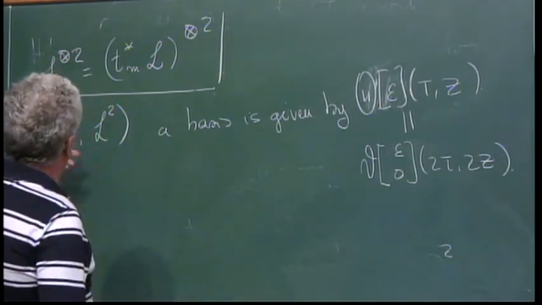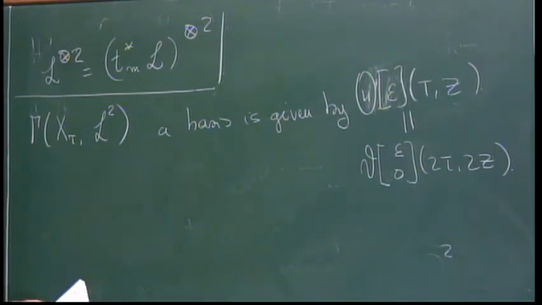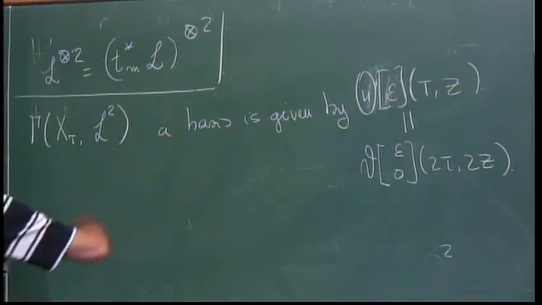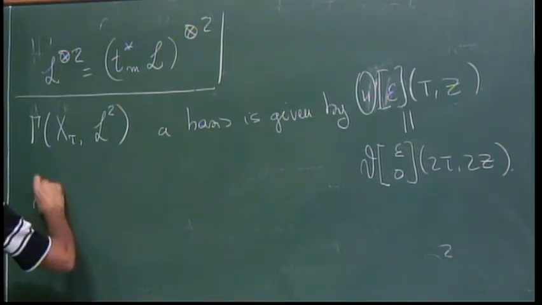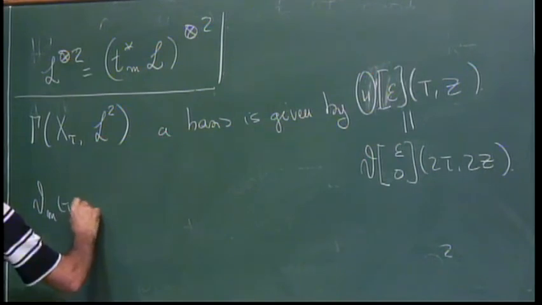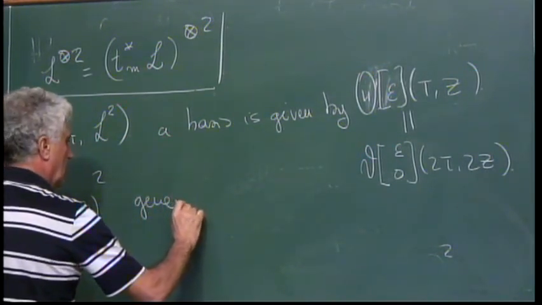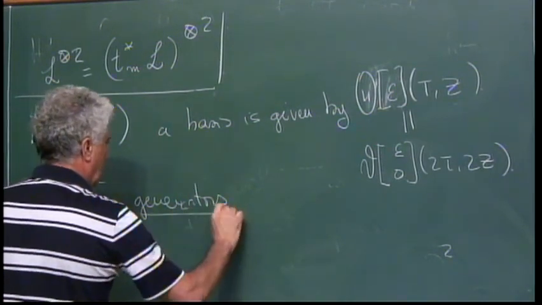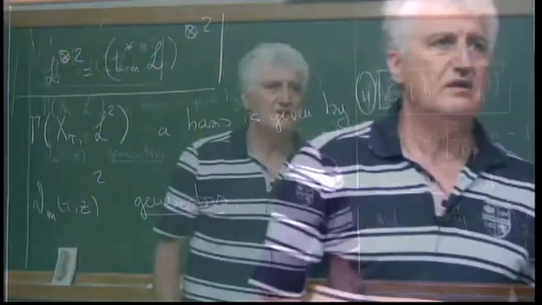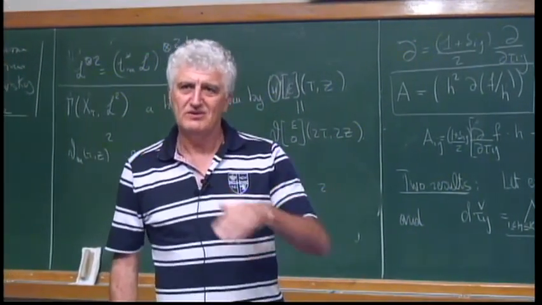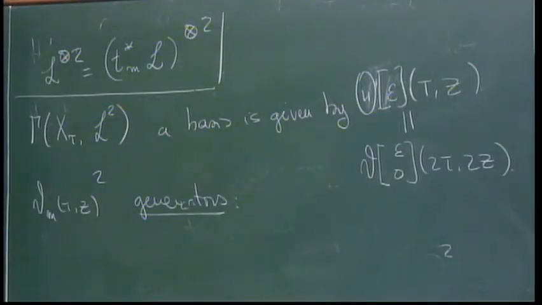Now, since this line bundle is this, one thing one has easily is that a set of generators of this space is given also by the theta m tau z squared generators. And we have something that, if Giulio said that is old, this is really old, because this is 100 years, even 150 years old.